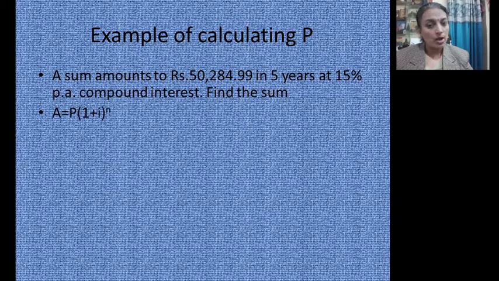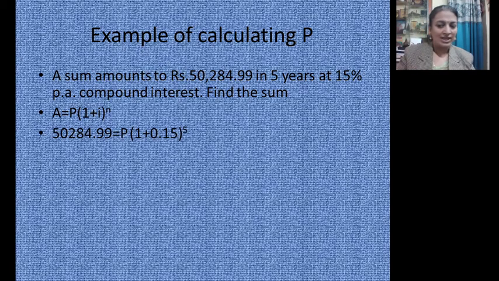So our formula is A is equal to P within the bracket 1 plus I raised to the power of N. And we have to put the values here. A, we know the value, 50,284.99. We have to write it. Is equal to P, we don't know, so we are putting P as P only. Within the bracket 1 plus I, that is 0.15, raised to the power of N. How much is N?